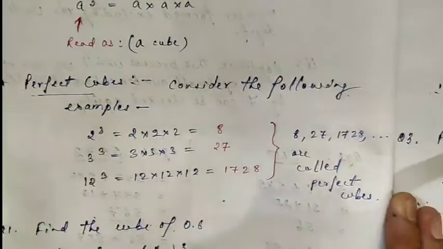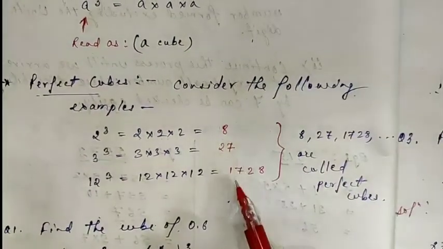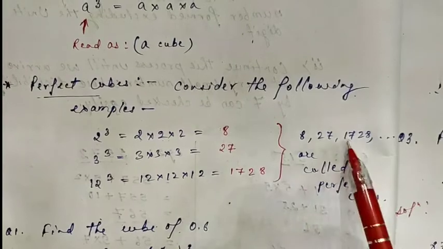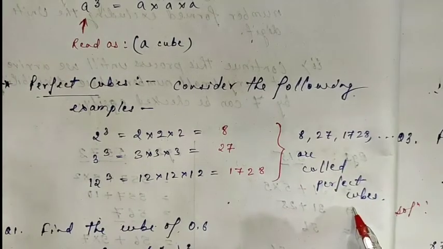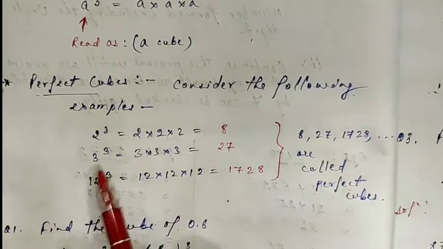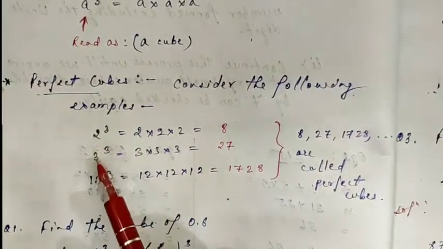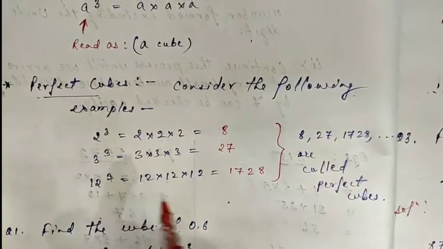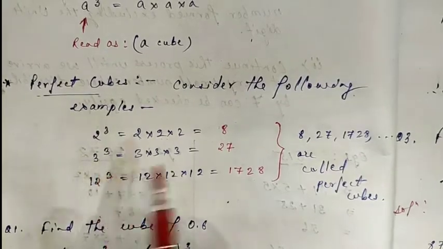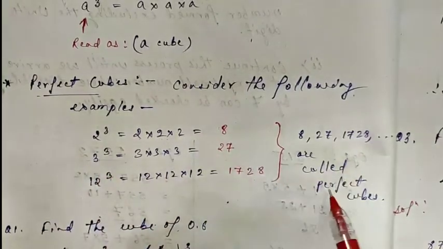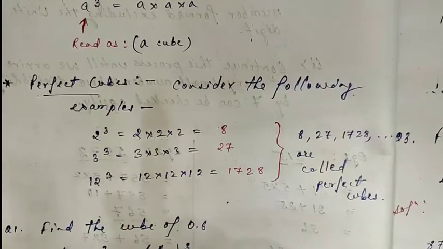So these 8, 27, 1728 are called perfect cubes. Similarly, you can take any numbers. I have taken 2, 3 and 12, but you can take 2, 3, 4, 5, 6. There are many numbers. All the cubes of those numbers will be called perfect cubes.